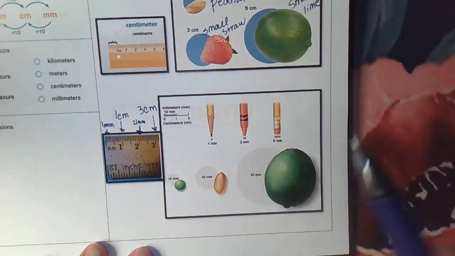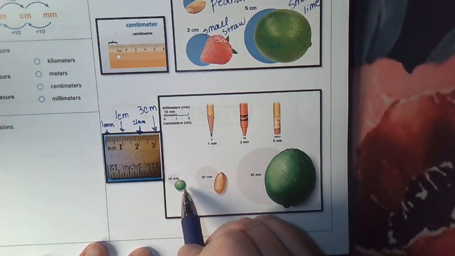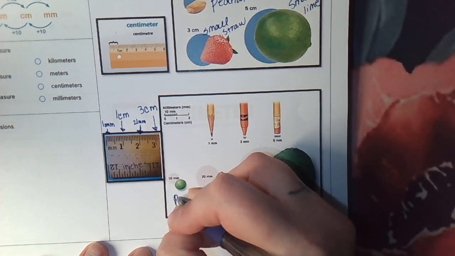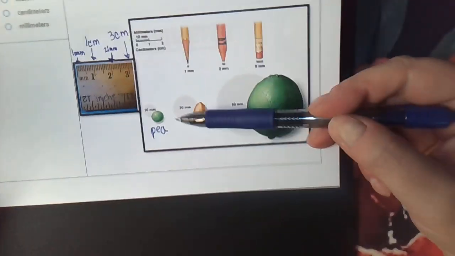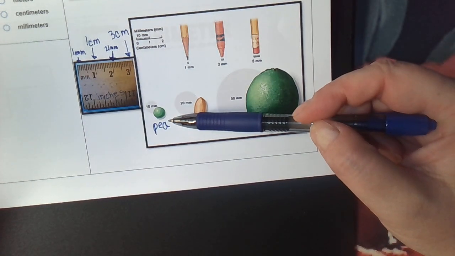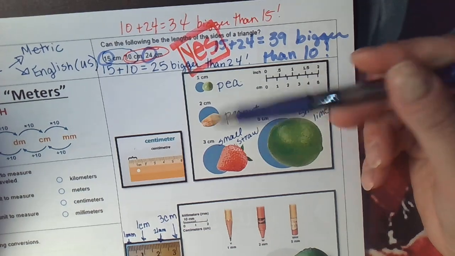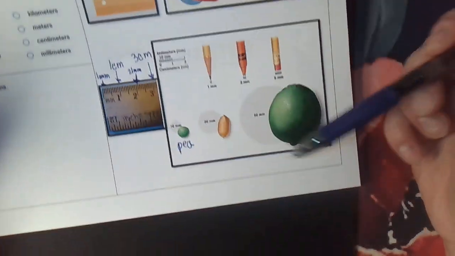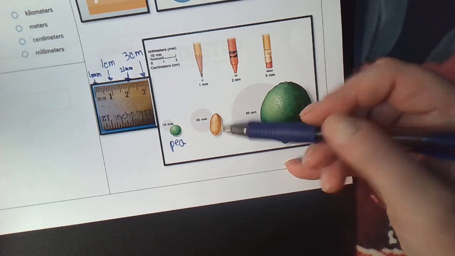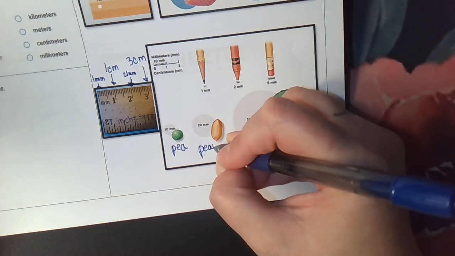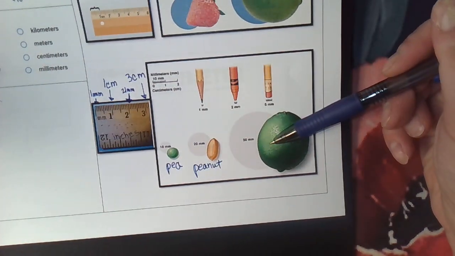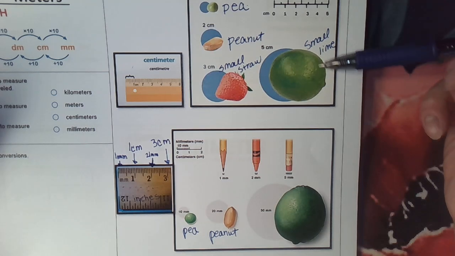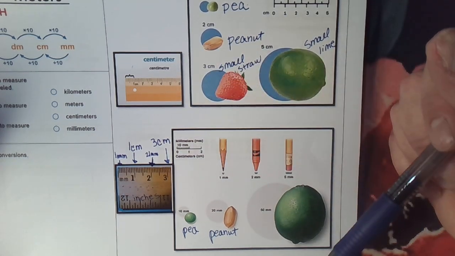okay, then let's look below here. That same green pea that was 1 centimeter before is now 10 millimeters. That peanut that was 2 centimeters before is now 20 millimeters. That line that you saw before of 5 centimeters is now 50 millimeters. So we can measure things with different units.